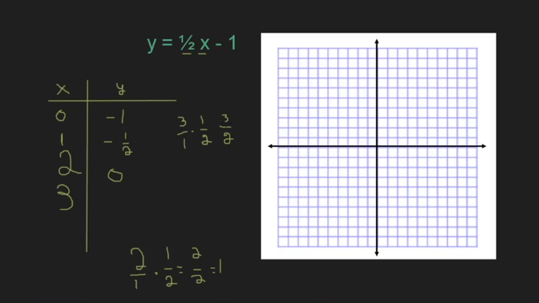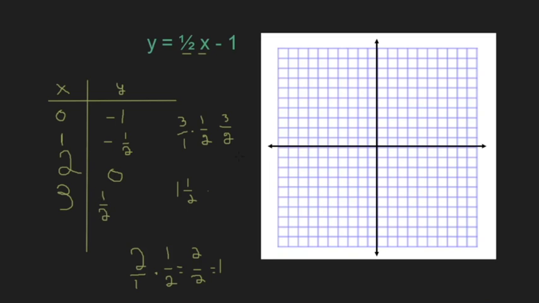What is 3 over 2? 2 goes into 3 once, with 1 left over, so that's 1 and 1/2, which is 1.5. What's 1.5 minus 1? That's just 0.5, or 1/2.